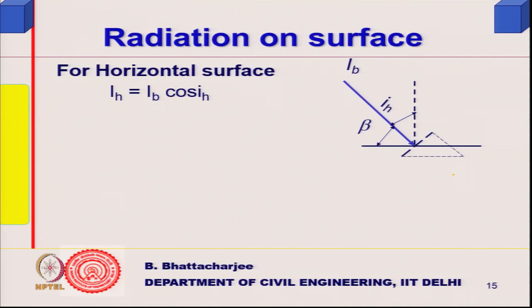So, IH will be IB cos IH, that is what we said earlier. This area is larger compared to this area, and this angle is beta.